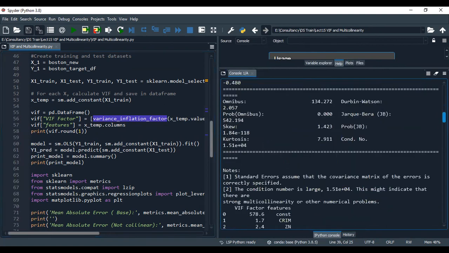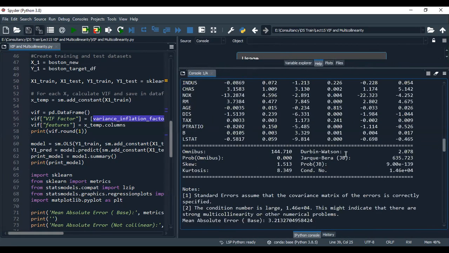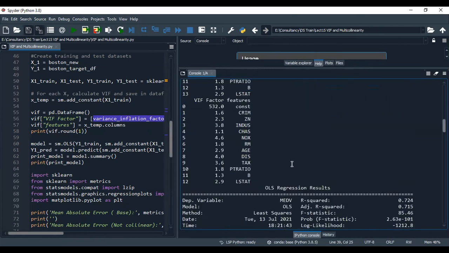So if you print it here, this is VIF. If you check this VIF value, it has changed almost; there is no effect of multicollinearity. Now the tax value is 3.6, because earlier the RAD value was 8.1 and the tax value was 9 point something.